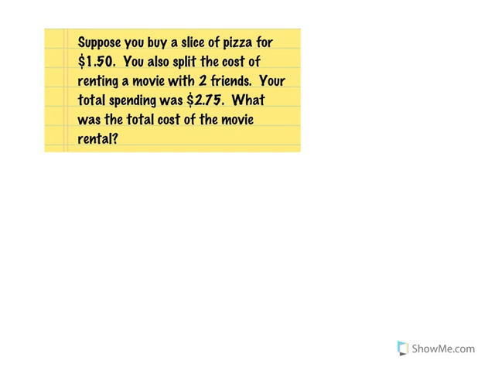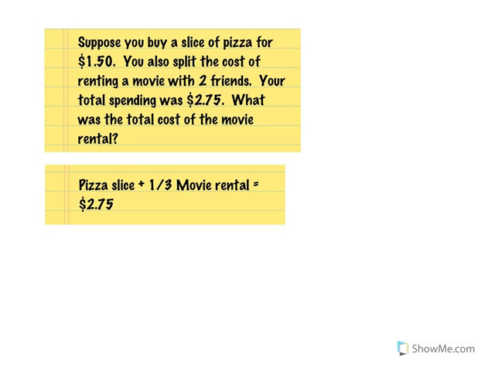Let's try another example. Suppose you buy a slice of pizza for $1.50. You also split the cost of renting a movie with 2 friends. At the end of the day, you spend a total of $2.75. What was the total cost of the movie rental? Okay, organizing our data. We know there was a slice of pizza, and we know there was 1/3 of a movie rental.